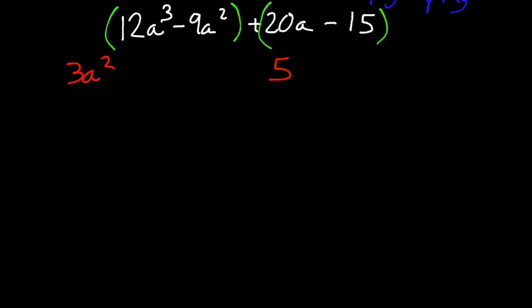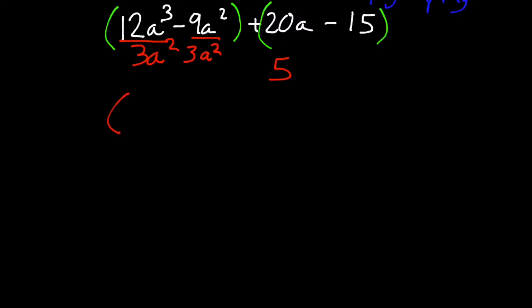So like we saw in part 1, what we can do is divide each piece in our group by the GCF. So I'm going to divide 12a cubed by 3a squared, and I'm going to divide negative 9a squared by 3a squared.